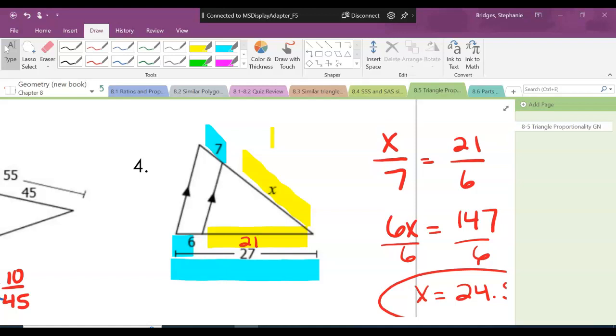All right, ready? This I don't need to do anything with right now, so I'm going to bring it down. I need to distribute. So with your calculators, multiply 14.4 times 21. We have 302.4.